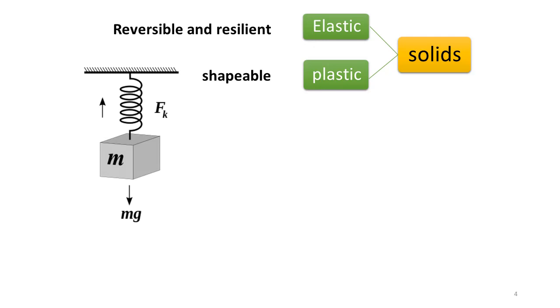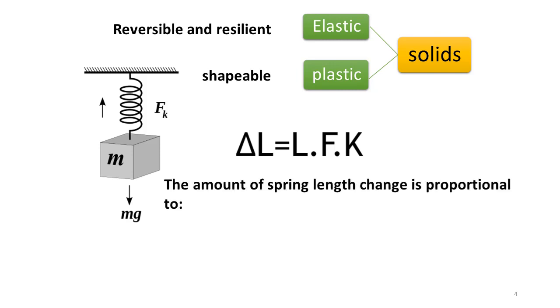So for elastics, imagine a spring that is loaded by a weight as m, and the spring stretches under the weight. Based on a formula, delta L is equal to L by F by K. So what are these abbreviations?